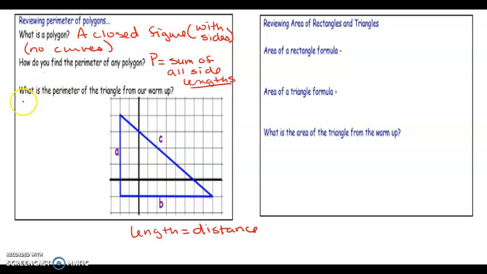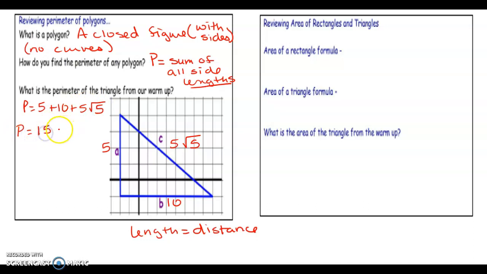So now what is the perimeter of the triangle for our warm-up? Well, remember, this was 5, this is 10, and this was 5 root 5 exactly. So I can say that my perimeter is 5 plus 10 plus 5 root 5. Now I can simplify.